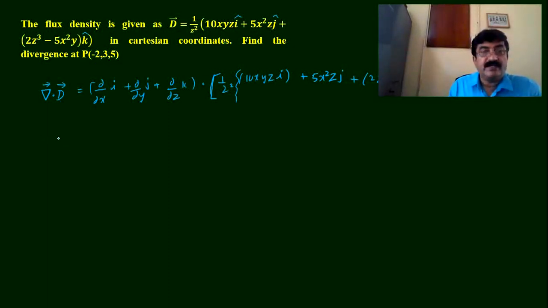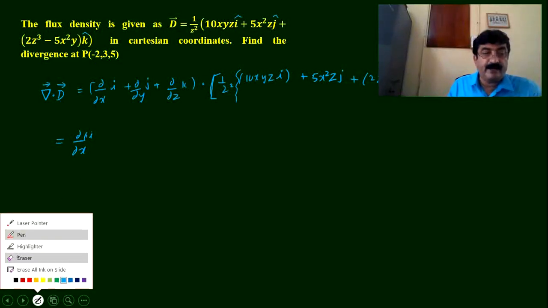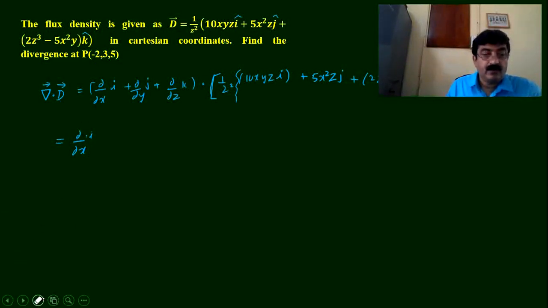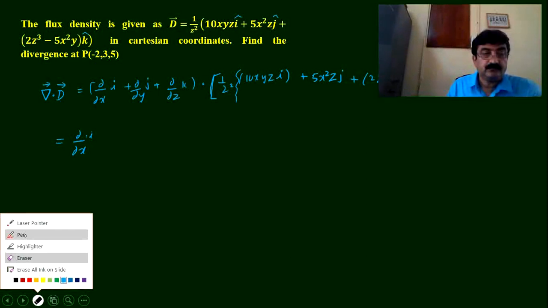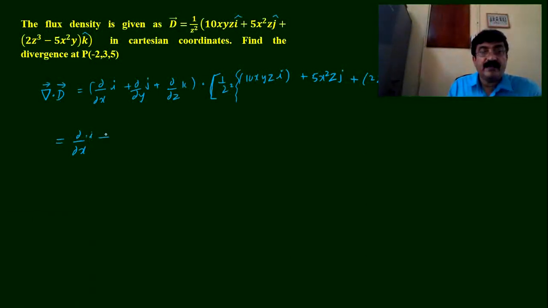That's all. So that is equal to ∂/∂x i plus ∂/∂y j plus ∂/∂z k, I retain as it is, dot.